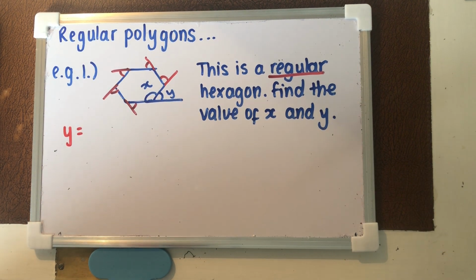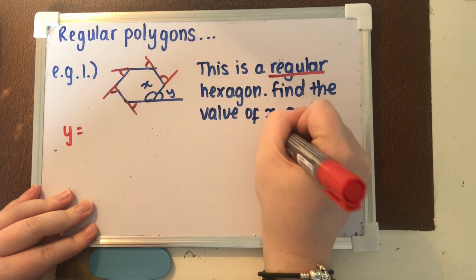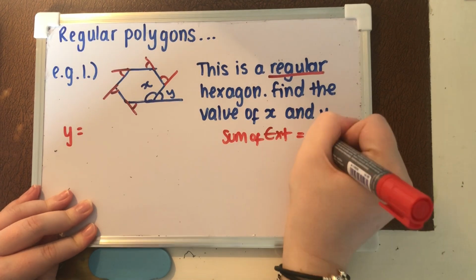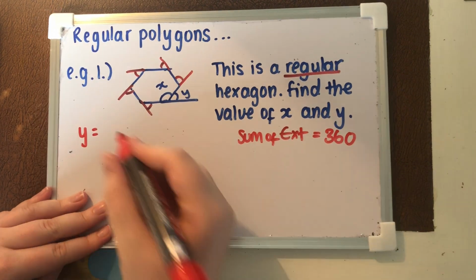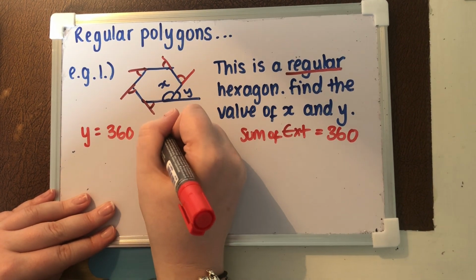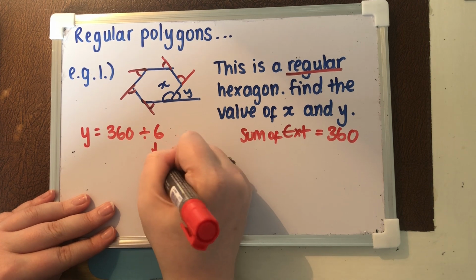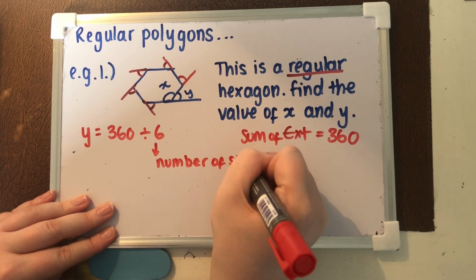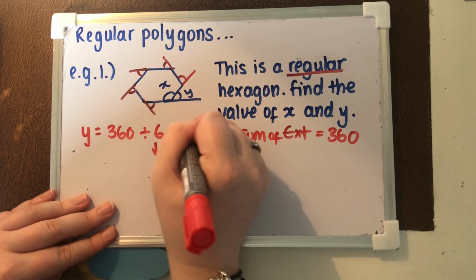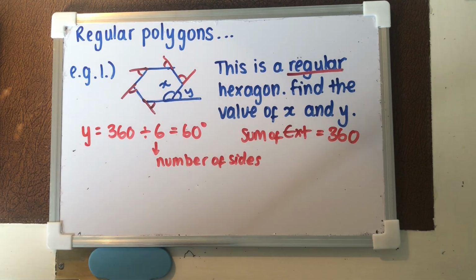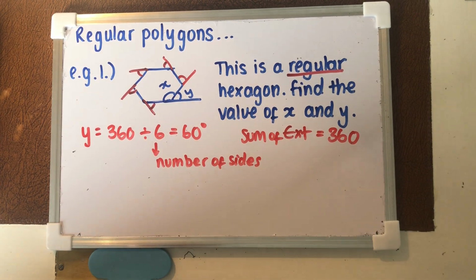Because we've got 6 of them, and they all have to add up to 360, all we have to do to work out y is 360 divided by 6, which is the number of sides. You can do it in a calculator, but it gives us 60. So straight away we've worked out the value of y.